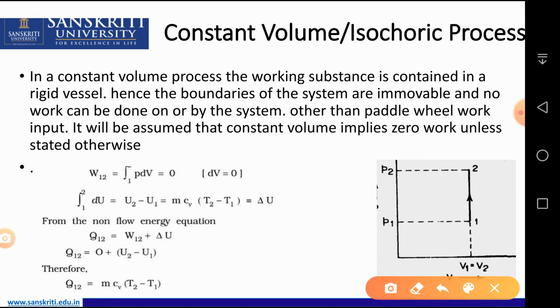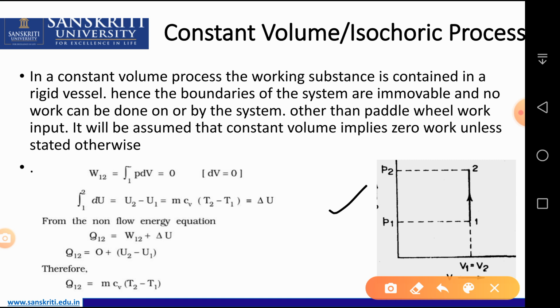This process is the constant volume or isochoric process. In this process, we see this PV diagram, with the process occurring from 1 to 2. In this process, the volume is the same at the initial and end state.